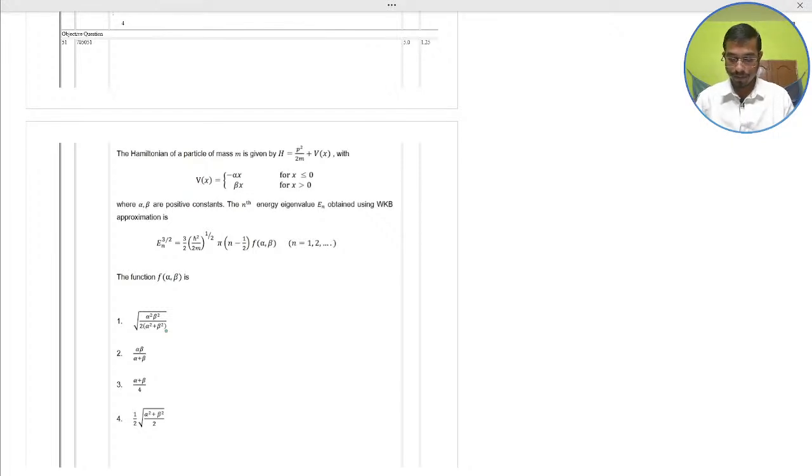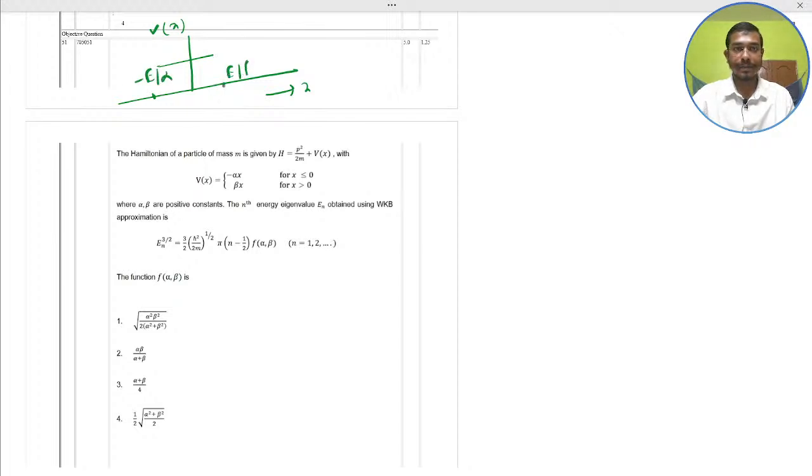This is from the WKB approximation, quantum mechanics. Using the approximation, this is the diagram: here this is the potential V and here the x. This is the bounded region, minus e by alpha and e by beta.